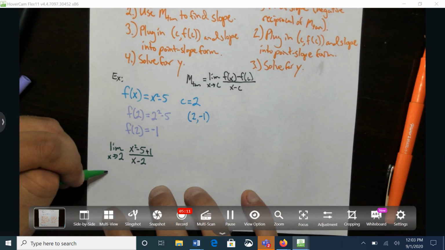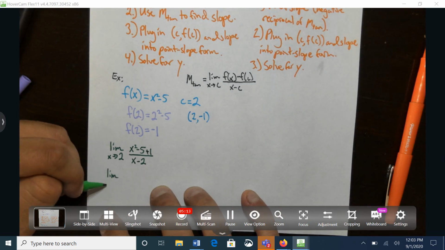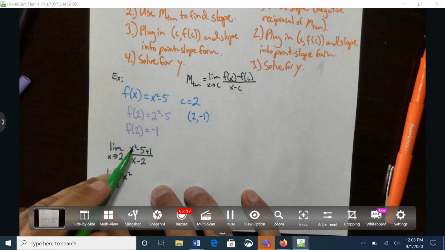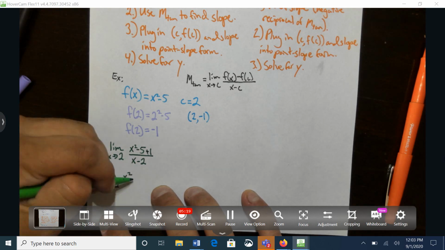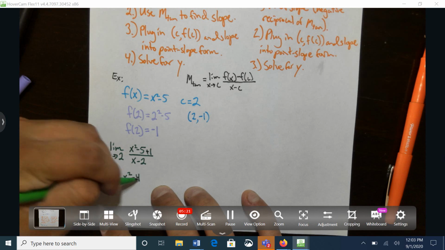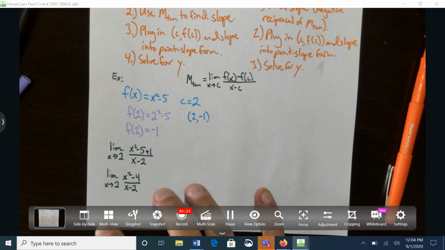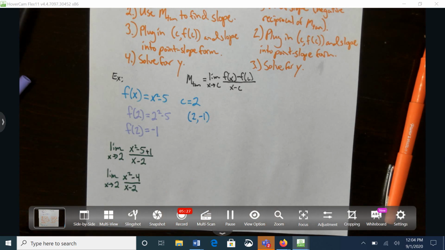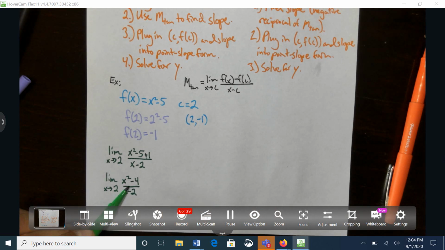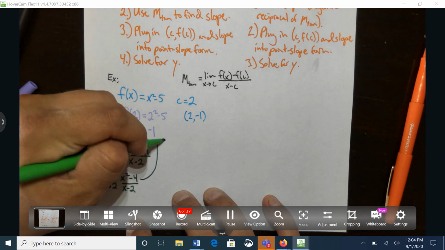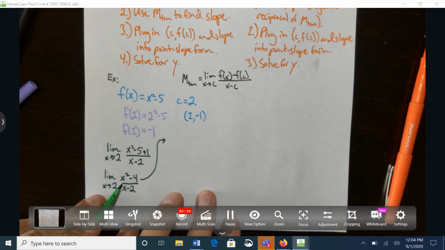So now we can go ahead and simplify. Limit as x approaches 2 of x squared, negative 5 plus 1 is negative 4, divided by x minus 2. Well, notice we still can't plug in 2 because we'll get 0 in the denominator. But if we see this part on top, that's the difference of squares. So we can actually factor this out.